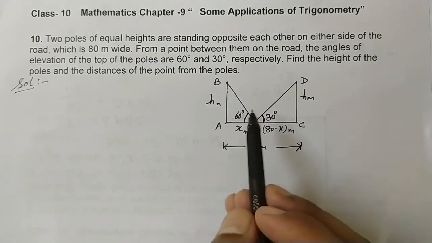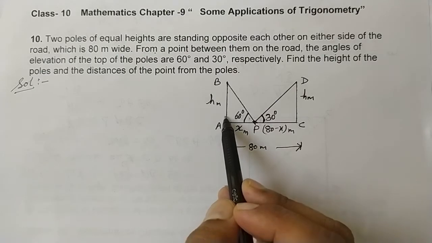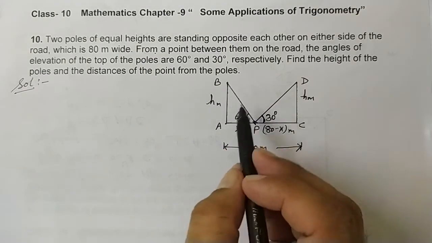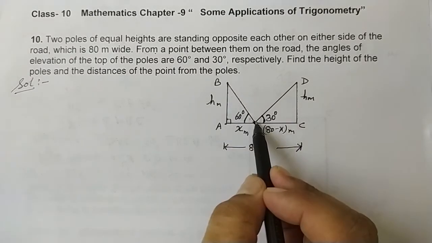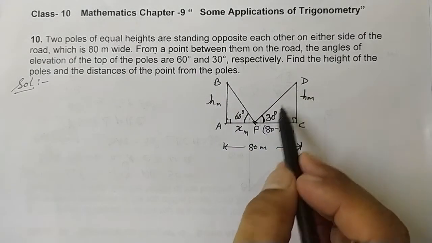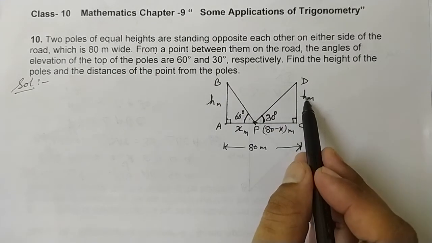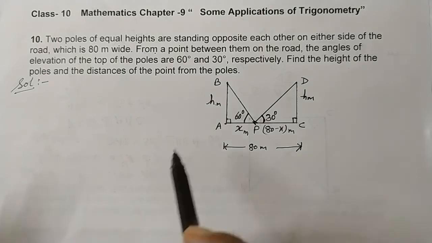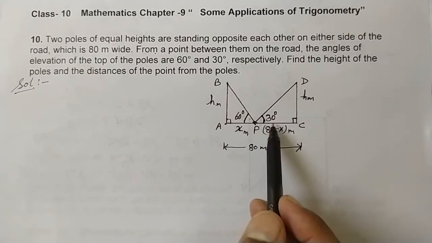So very simple, this is what we do. We'll find out the value of h in both the right angled triangles. First, in right angle triangle ABP, we'll find out the value of h, and in right angle triangle CDP we will also find out the value of h. Then we will equate the value of h in both the equations and we will get the value of x.